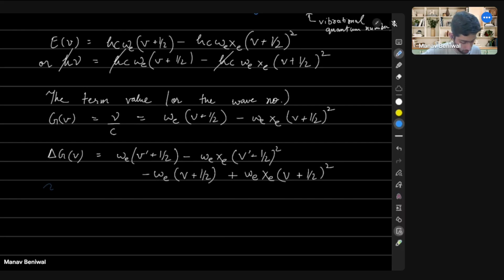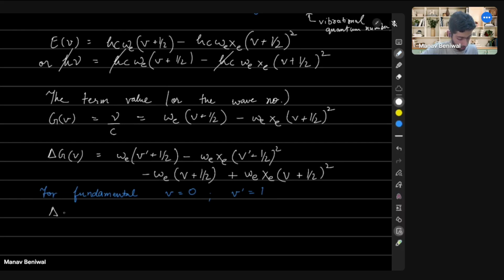So now for the fundamental, we know that v will be 0 and v prime will be 1.